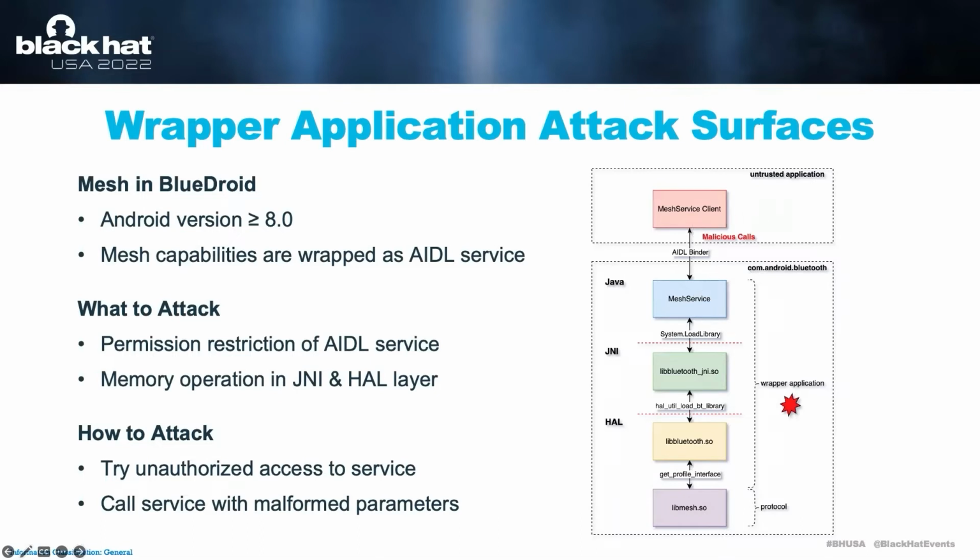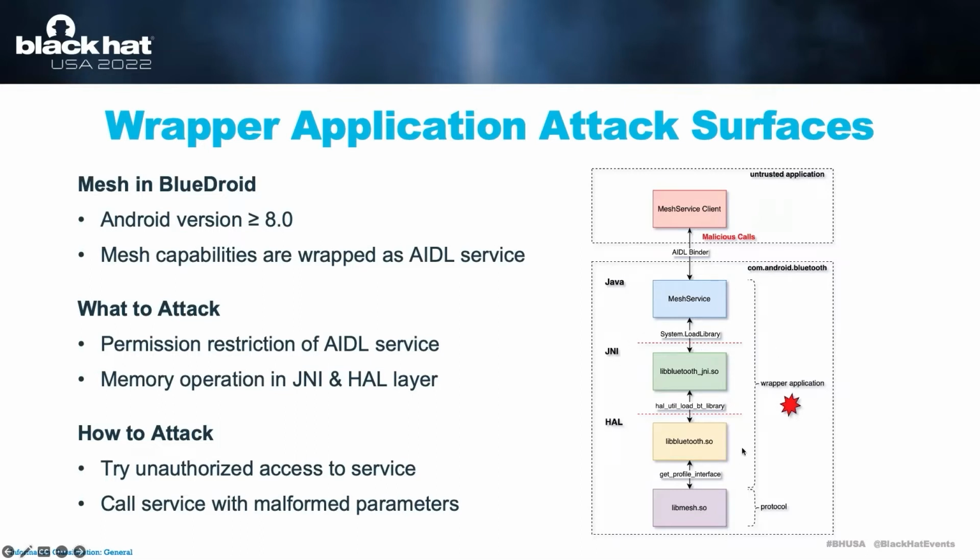Then from this architecture, we can see there are two main attack surfaces. The first, we can attack the permission restriction of the AIDL service. We can try to call the mesh service without Bluetooth permission. And second, we can attack the memory operation in the JNI and HAL layer.